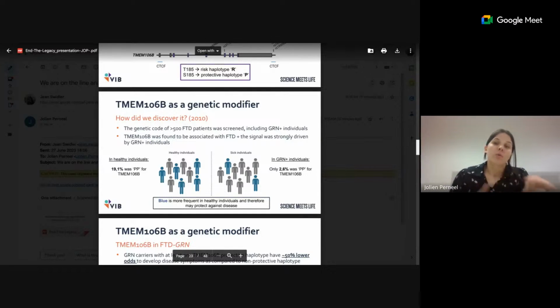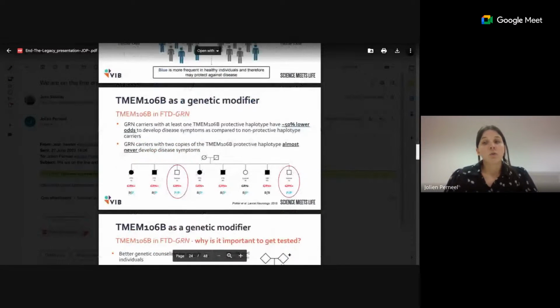If something is more frequent in healthy individuals, it may therefore be protecting against disease. This is indeed also what we found in later studies, also in single families. We confirmed that progranulin carriers with at least one TMEM106B protective haplotype have approximately 50% lower odds to develop disease symptoms as compared to non-protective haplotype carriers.